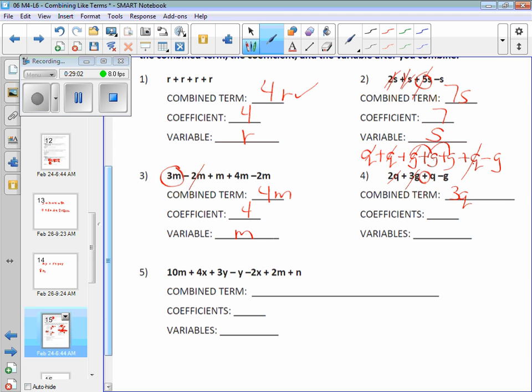Uh-oh. I see blank stares. We'll practice it. You have to practice it. Nope, you can't combine it anymore. You're done. This is separate from this.